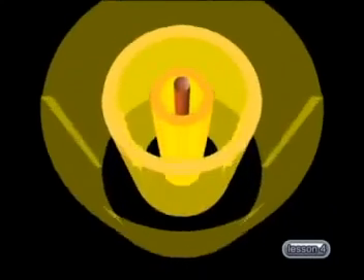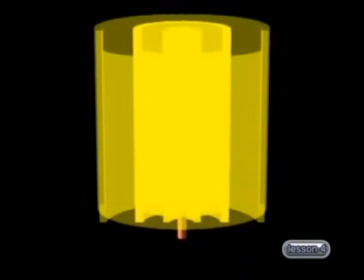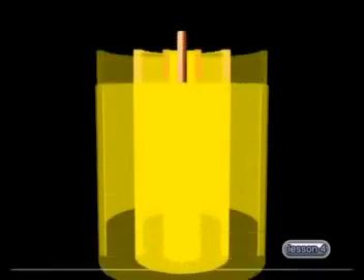Welcome to the fourth lesson in our series on electromagnetism. In our first three lessons, we explored Oersted's discovery that showed one link between magnetism and electricity. He showed that when a current passes through a conductor, a magnetic field is created at 90 degrees to the direction of the current.